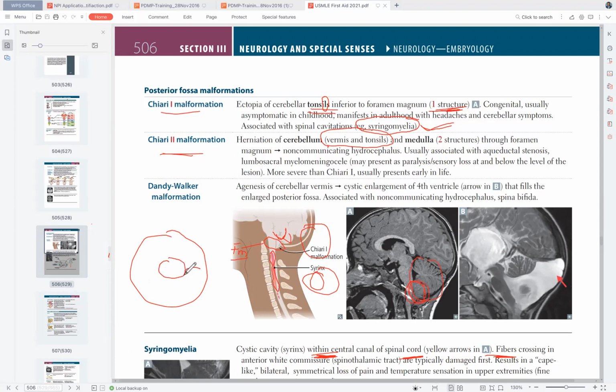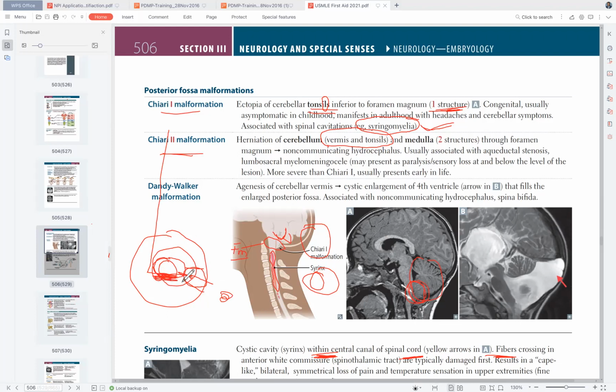You find that the pain, temperature, and cold fibers are around here. And before they go, if they pick anything from this side, they pick it here and then they cross. They cross around here before they go up to the thalamus, right? So if this hole becomes so big, it will impinge on the crossing fibers of the pain fibers.